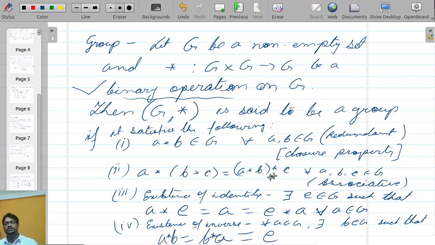Later on we will just do away with the star. For the time being, for understanding this concept, we need this star.